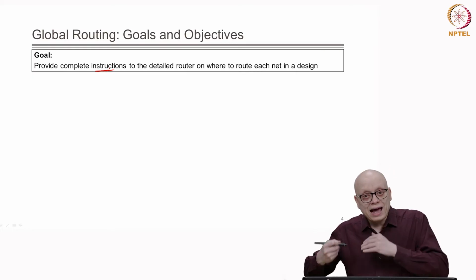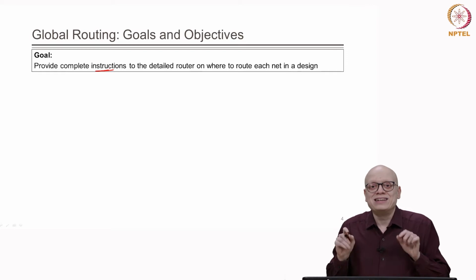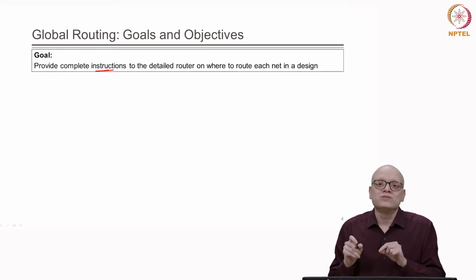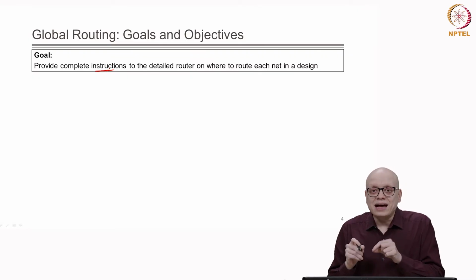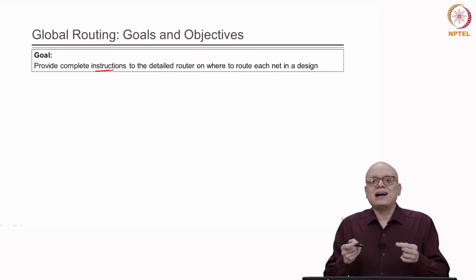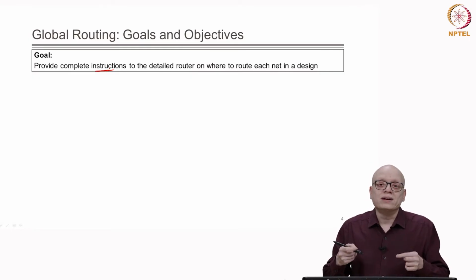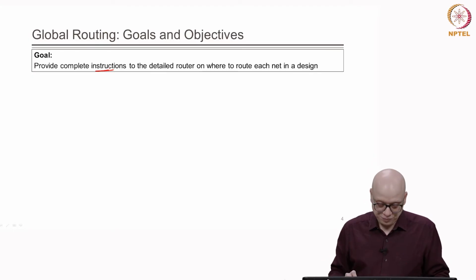The plan should be such that the detailed router ideally should not fail, meaning there should be a feasible solution which could be easily determined by the detailed router. That is the primary goal for global routing. It eases the task of finding a feasible solution for the detailed router.